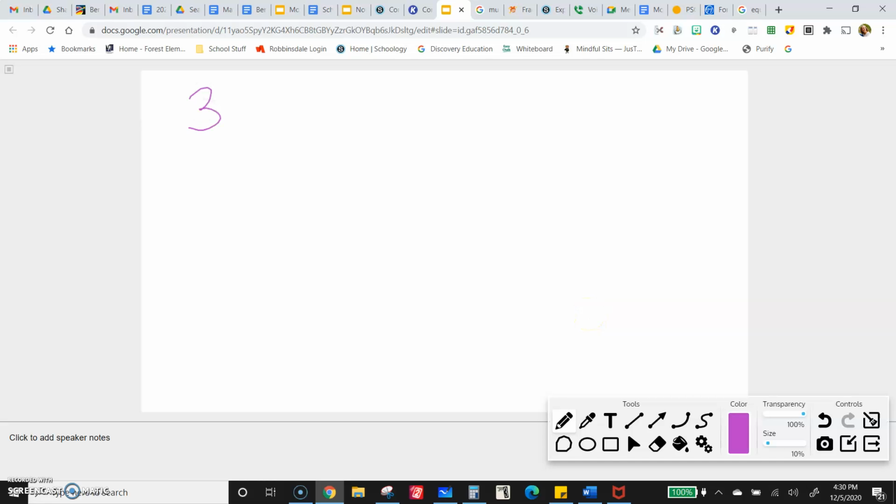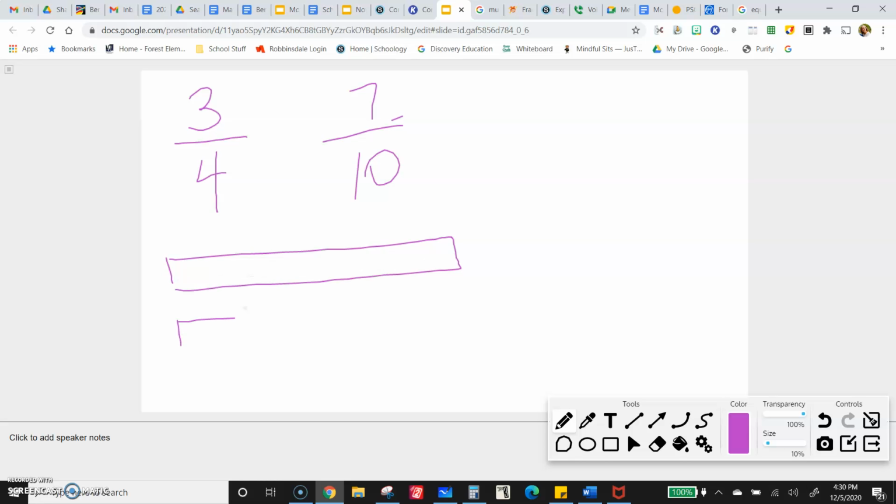Say I have 3/4 and 7/10. Okay, it's not obvious right away which one is bigger. Now, I know the number 7 is bigger and the number 10 is bigger, but does that mean that 7/10 is bigger? Let's see. Now, if I draw it, okay, here's my 4ths, that's 3 of them.